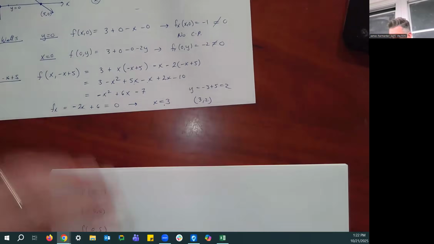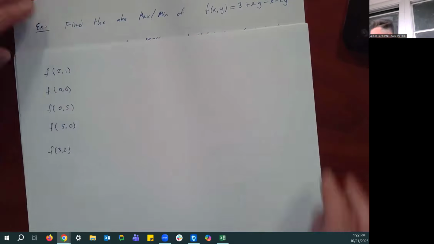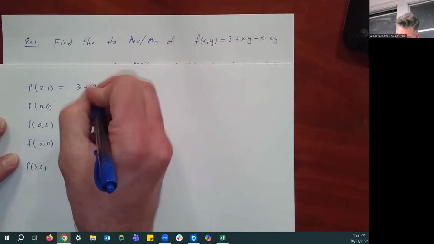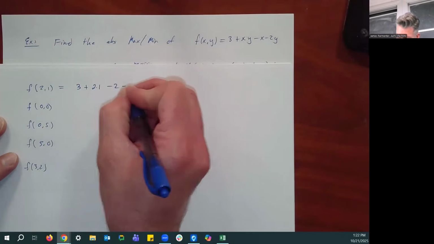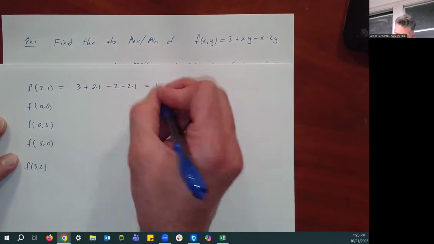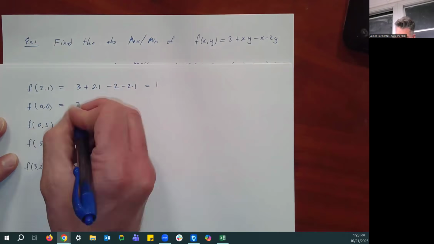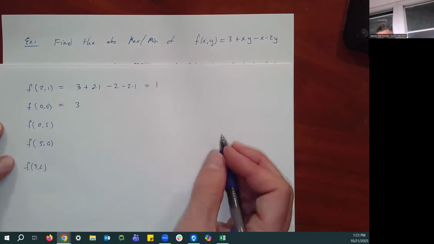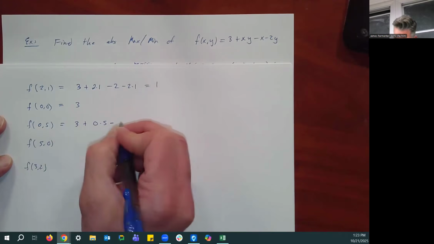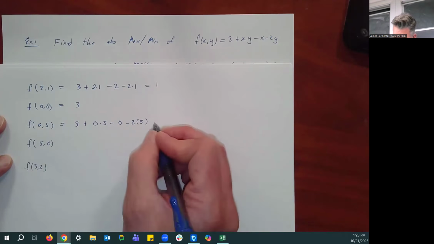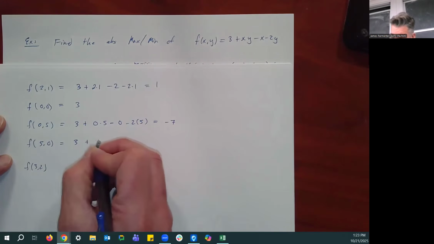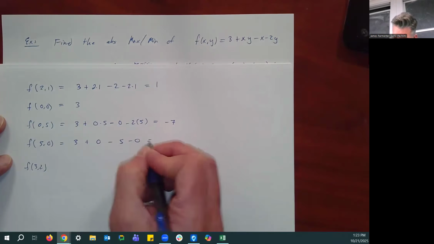Let's go back up here. Using what our function's equal to, f of 2 comma 1 is 3 plus 2 times 1 minus 2 minus 2 times 1, which is 3 plus 2 minus 2 minus 2, which is 1. 0, 0 is easy: 3 plus 0 minus 0 minus 0, which is 3. 0, 5 is 3 plus 0 times 5 minus 0 minus 2 times 5, which is 3 minus 10, which is negative 7. 5, 0, we get 3 plus 0 minus 5 minus 0, which is negative 2.